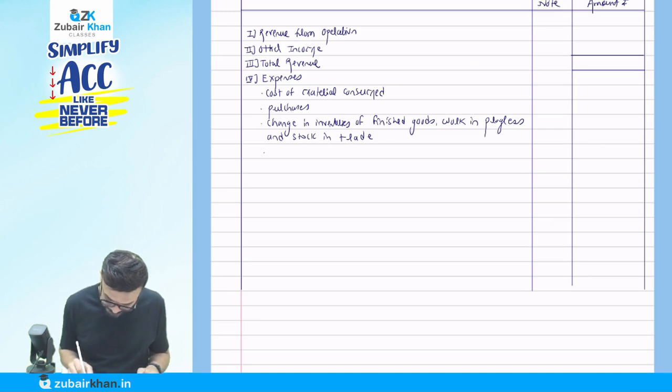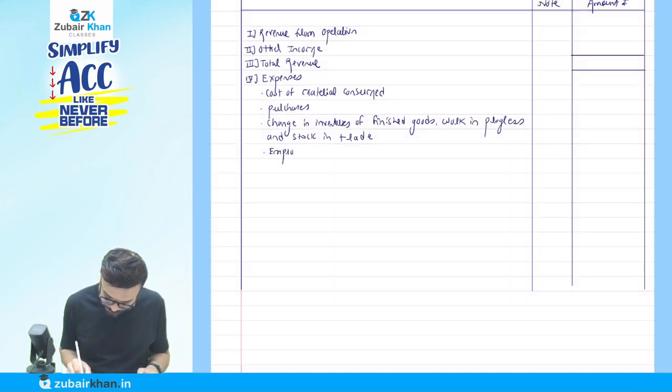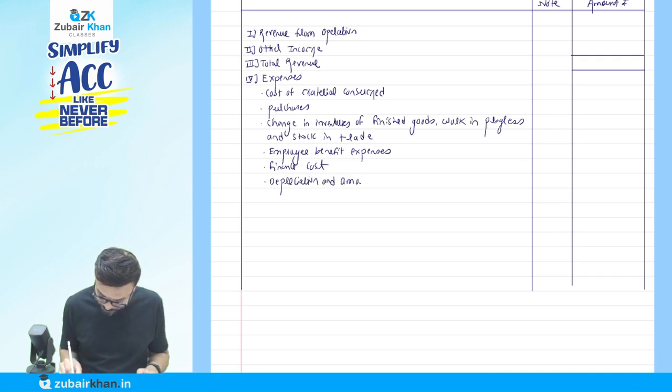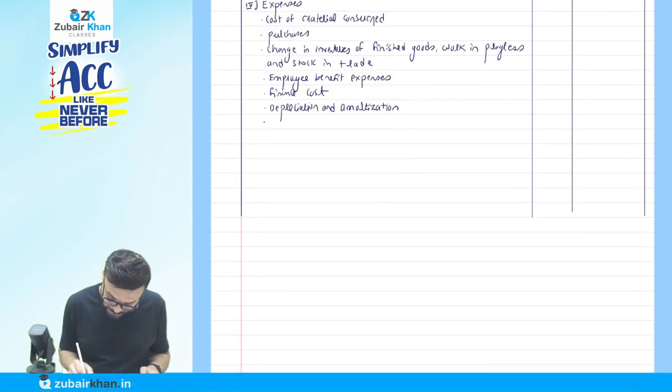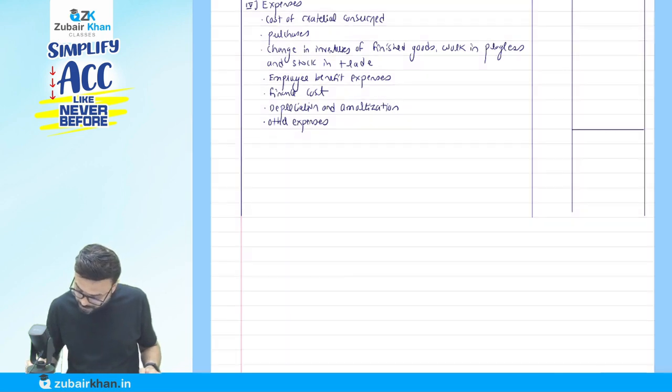Employee benefit expense, finance cost, depreciation and amortization, other expenses. Okay, now total here.